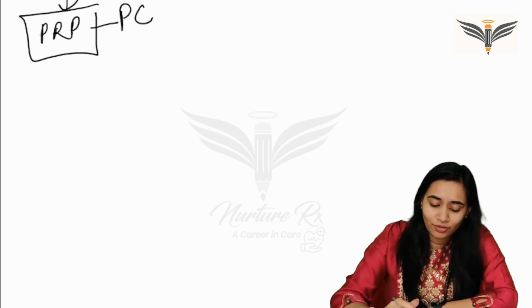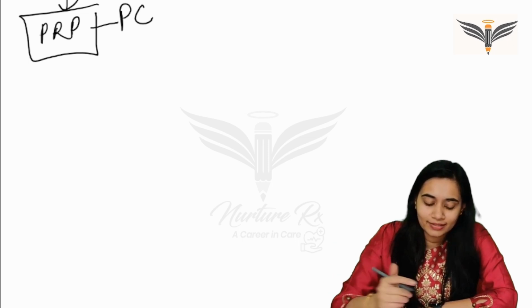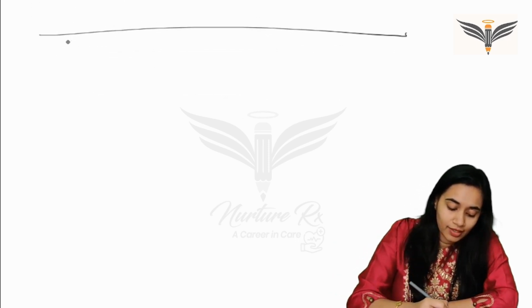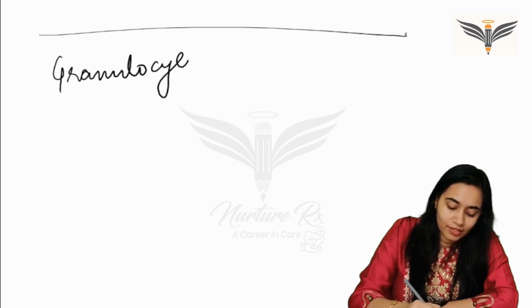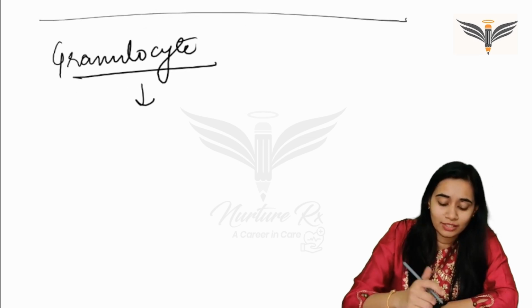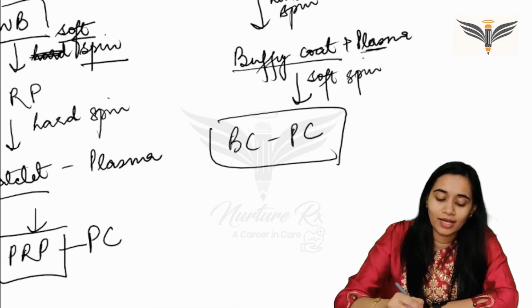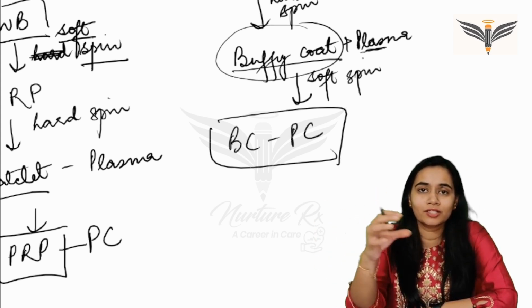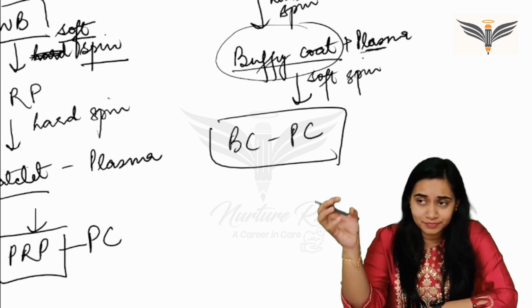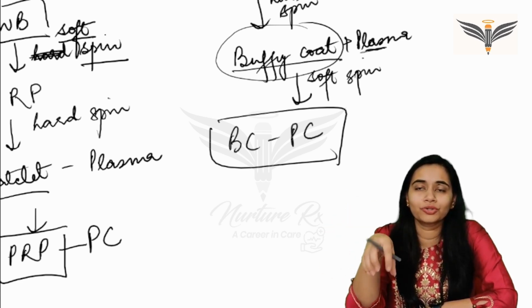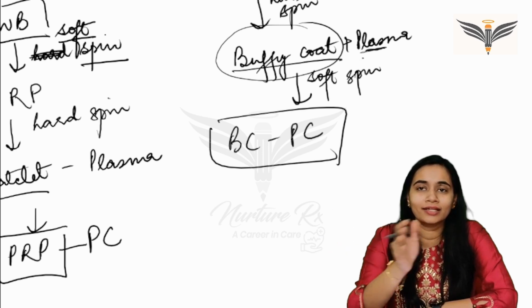Right? So now we know everything about the platelets. Now coming to granulocytes. I will tell very little, we will not go into the details of granulocytes. You have seen that Buffy coat is formed when the whole blood is subjected to hard spin. Several buffy coats can be pooled together to form one unit of buffy coat. That is one way.